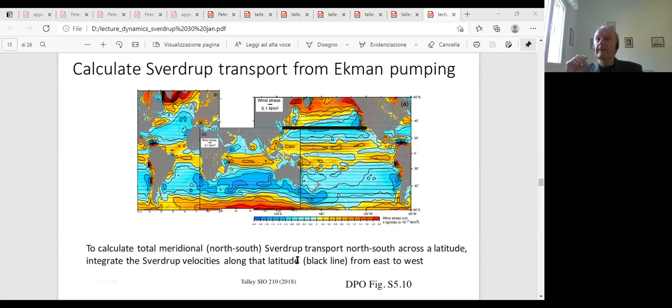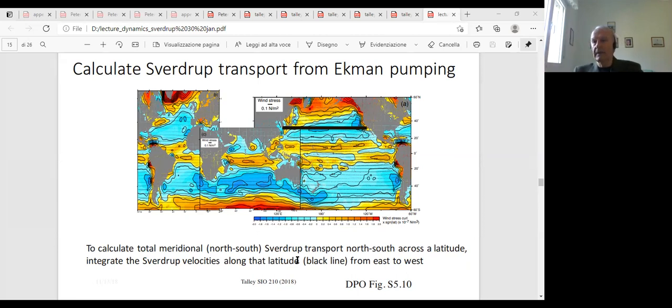Why? Because when we are measuring, we don't measure only the wind influence, the current influenced by the wind.